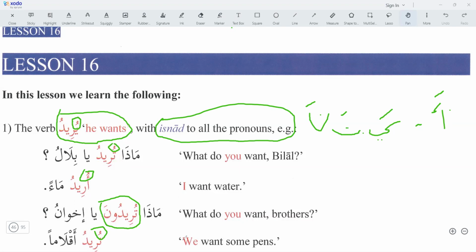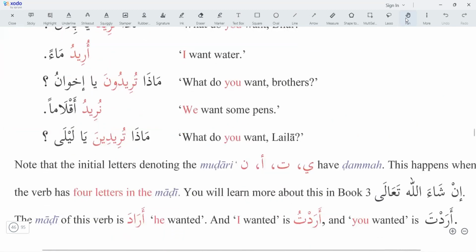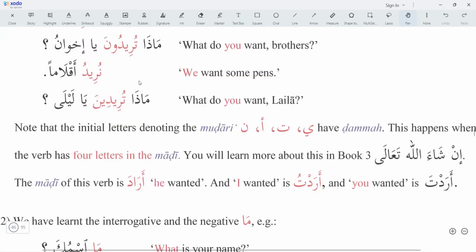Maza turidina ya Laila, what do you want, Laila? So for the feminine, it is also taking dhamma.